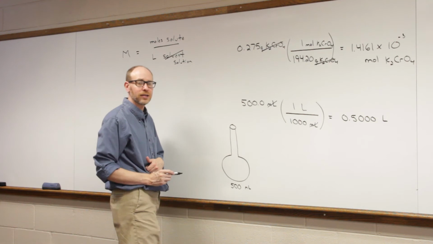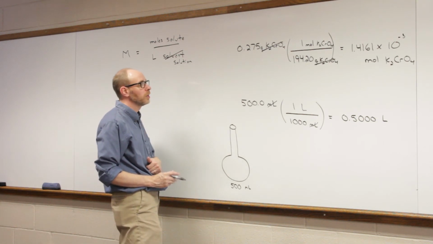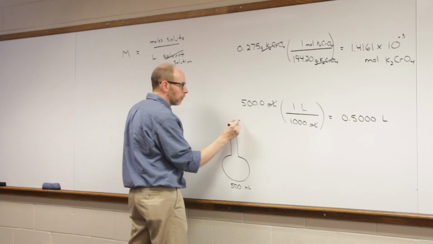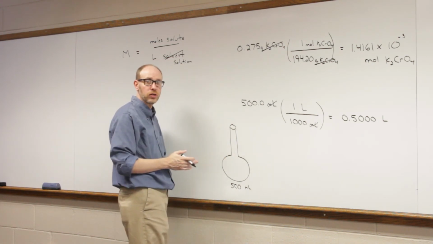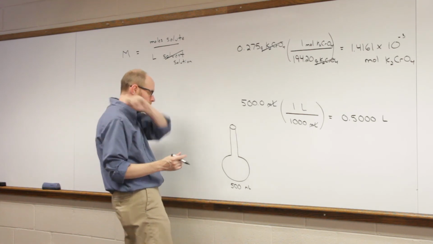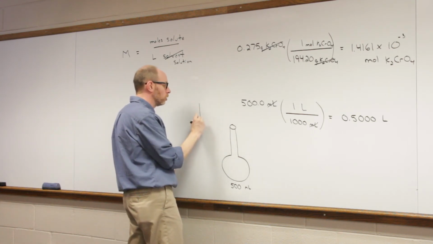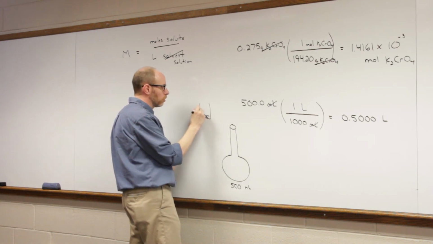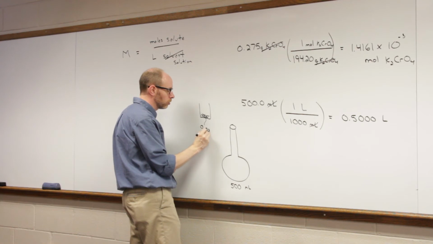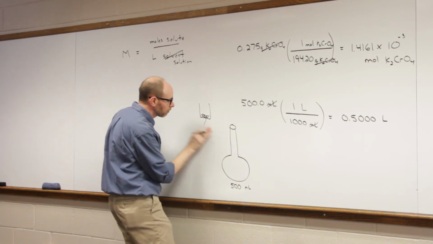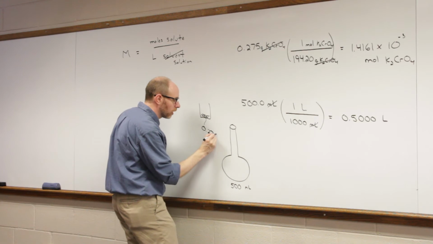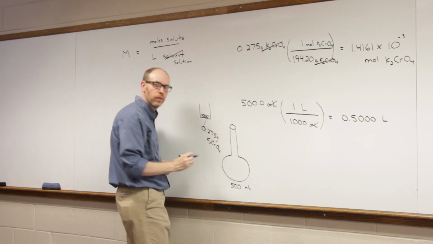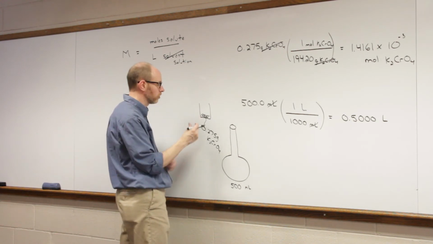So in this case, if we're making 500 milliliters, we would take a 500 milliliter volumetric flask. Next thing we would do is we would take our 0.275 grams and we would transfer it into this particular container. So ideally what we would do is in a beaker we would place the 0.275 grams of our K2CrO4 and then use a small amount of solvent to dissolve that.